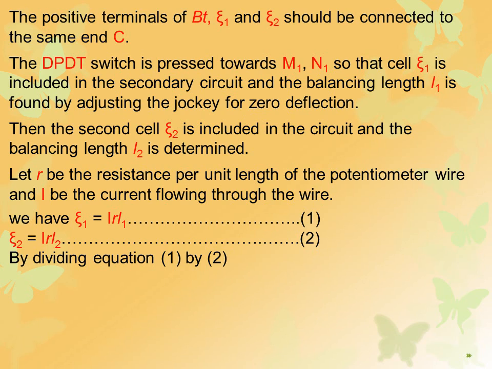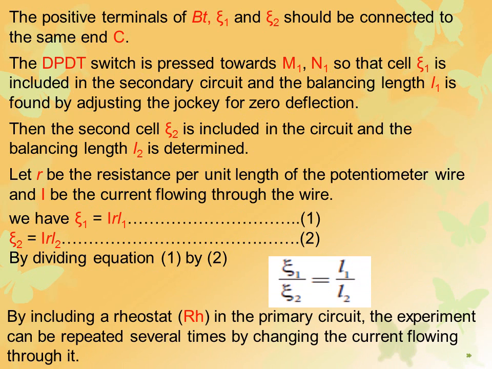Now by dividing equation 1 by equation 2 we get Psi1 by Psi2 is equal to L1 by L2, because both I are cancelled. So by including a rheostat in the primary circuit, the experiment can be repeated several times by changing the current flowing through it.